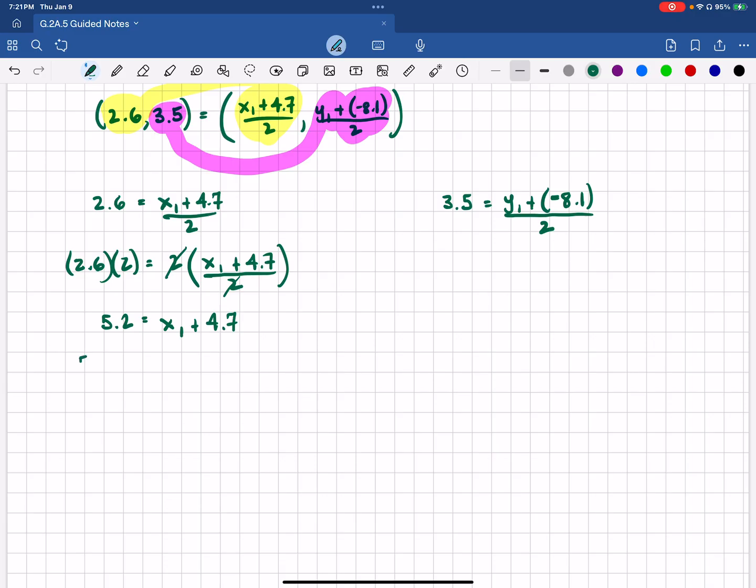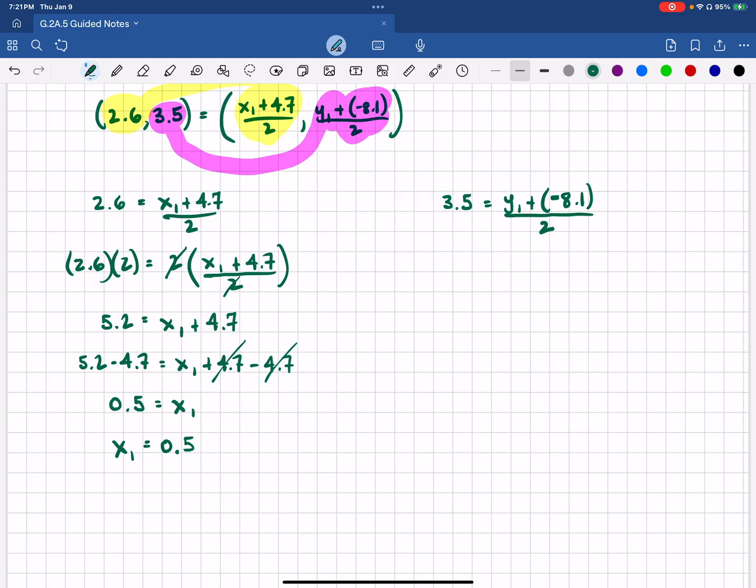So I'm going to write that step out. It is 5.2 minus 4.7 is equal to x1 plus 4.7 minus 4.7. These cross out, and 5.2 minus 4.7 is 0.5. So my x1 coordinate is 0.5. I'm going to flip it around, and it's going to be x1 equals 0.5. I'm done with the x's.